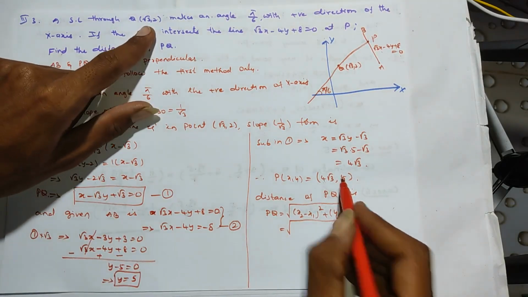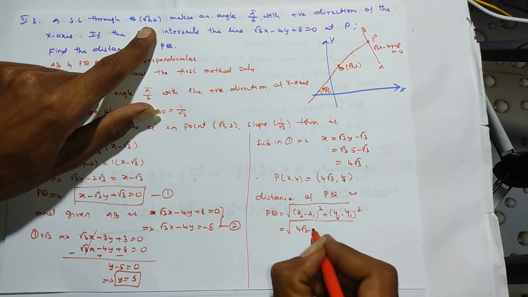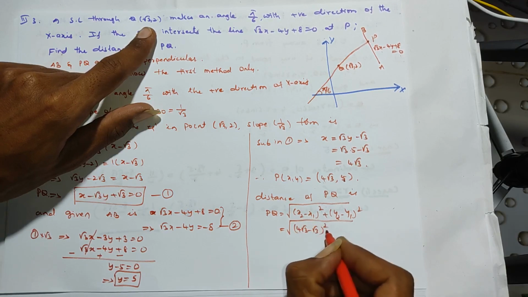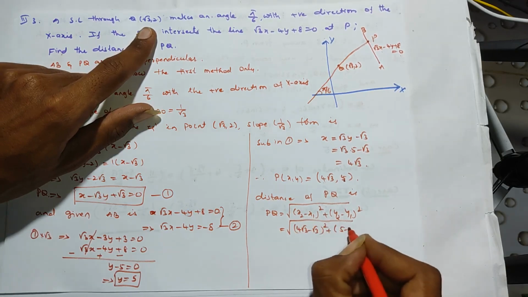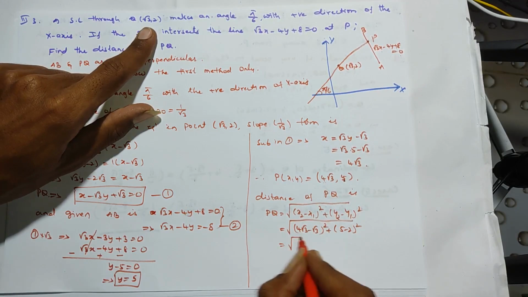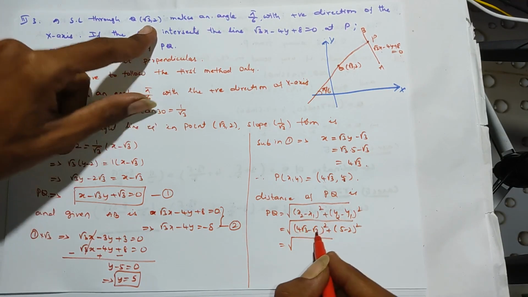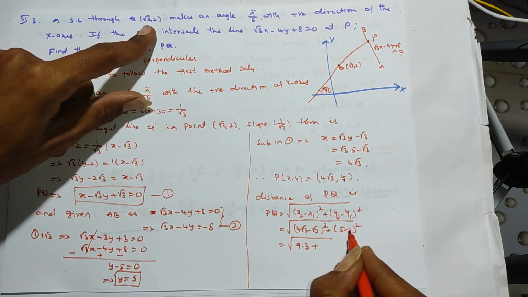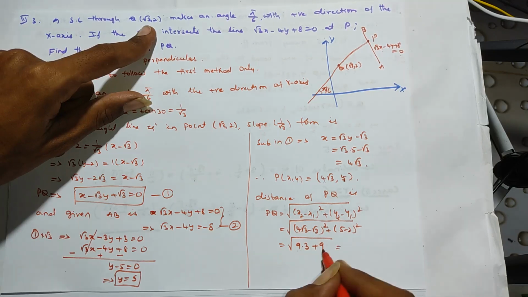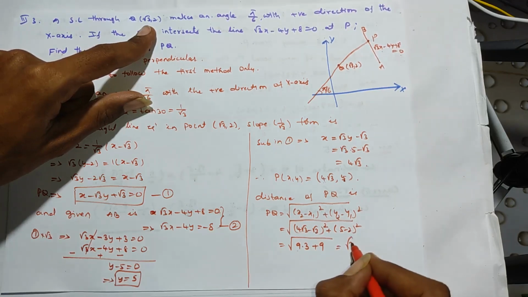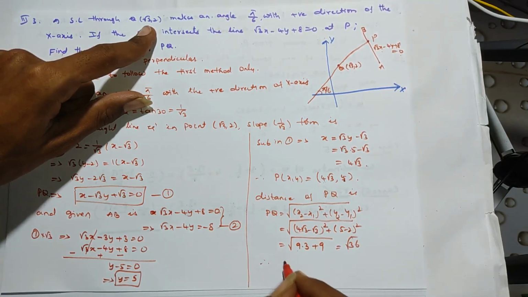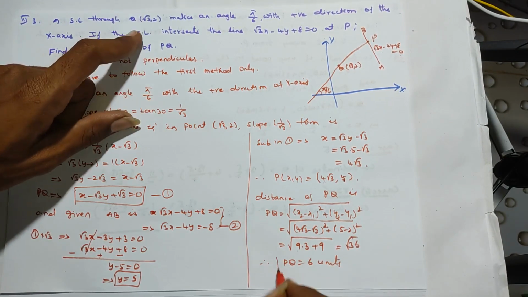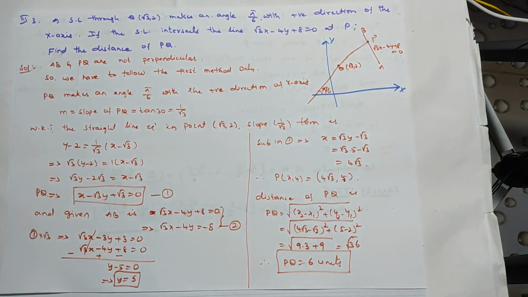So substitute here 4 root 3 minus root 3 whole square plus 5 minus 2 whole square, that is equal to 4 root 3 minus root 3 means 3 root 3, 3 root 3 whole square, that is 9 into 3 plus 5 minus 2 is 3, 9, that is 27 plus 9, 36, right? Therefore PQ is equal to 6 units. So the distance of PQ is 6 units here. Clear?